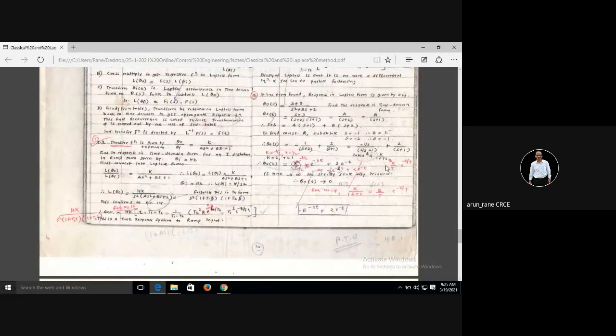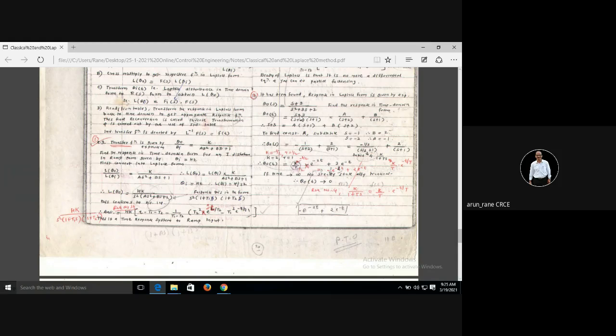Now let us discuss this again. The output transfer function is given by this, and then we use partial fractions. So this can be equated using partial fractions as A upon s plus 2 plus B upon s plus 1.